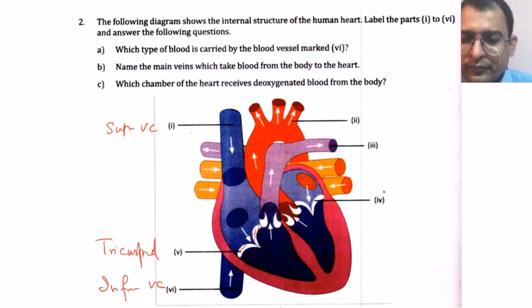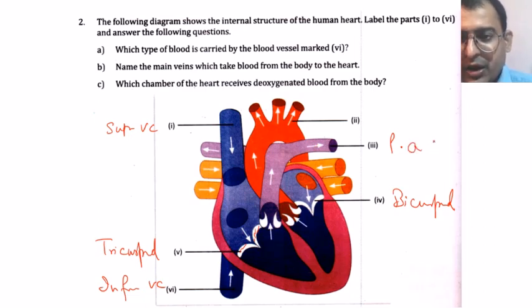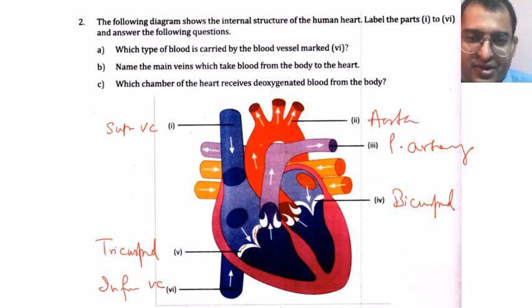This one is the bicuspid valve. This is the pulmonary, taking the blood away from the heart, so it will be the artery. This is the aorta, the largest artery of the human body.